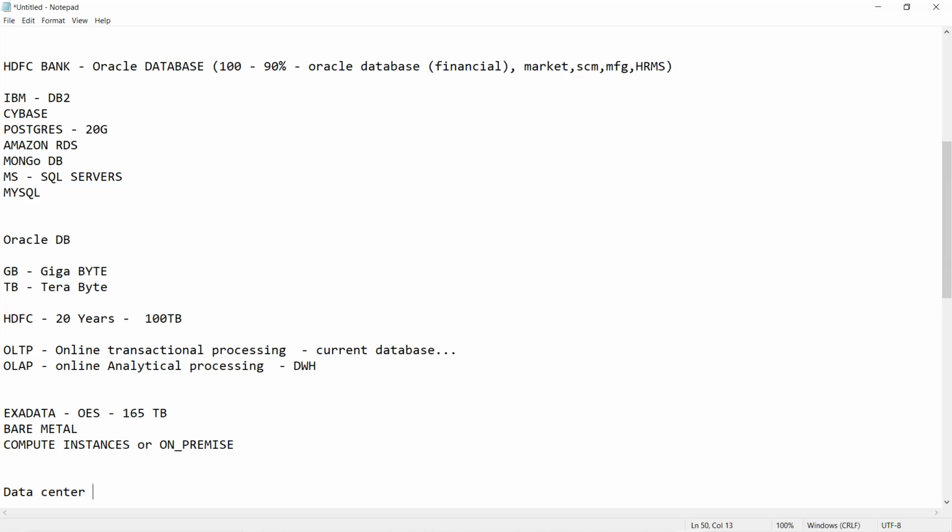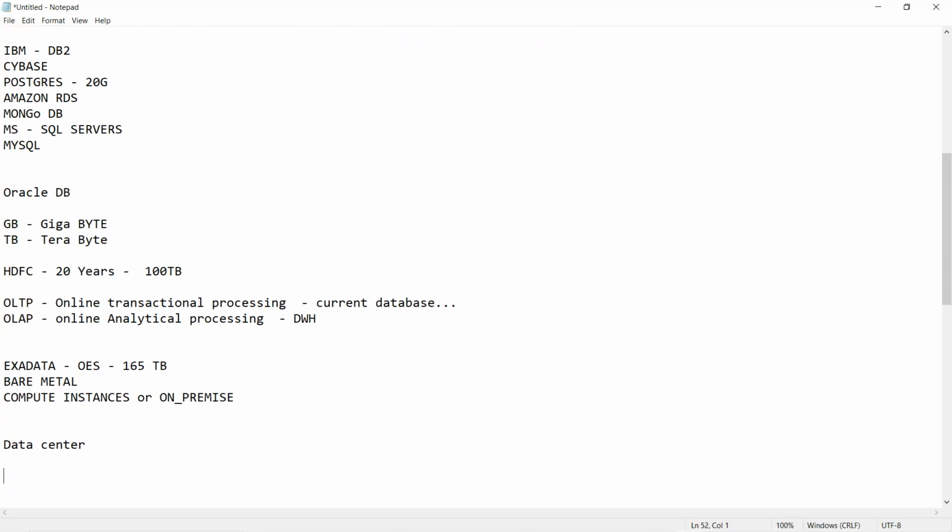In the data center you will have these machines, and under those machines we will manage your databases. It is a rack type model. I'll show you an example of how it looks so you can review it. In these machines, we will install databases and start storing our customer data.